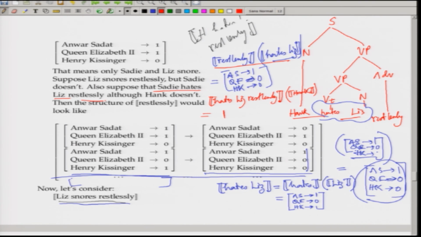Sorry, I am wrong, I was confusing Hank and Sadie. So, the value for Hank is HK, and HK is 0. Now this is the desired thing, I just correct what I said. Hank doesn't hate Liz restlessly, and that is what we get as an answer, right.